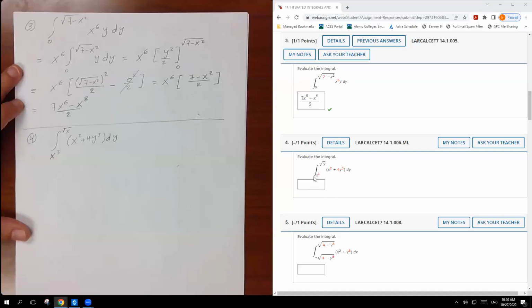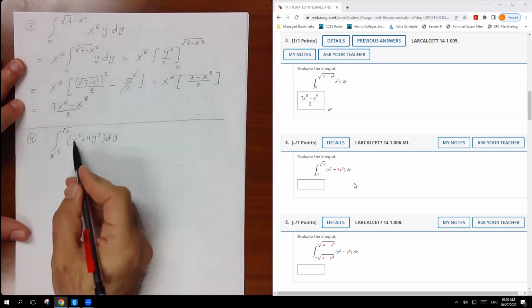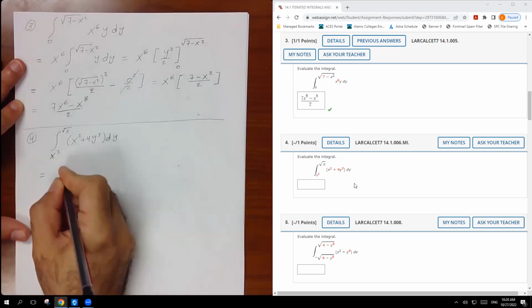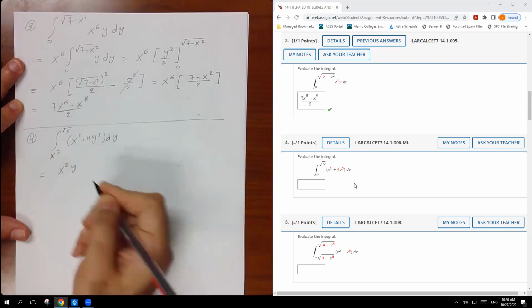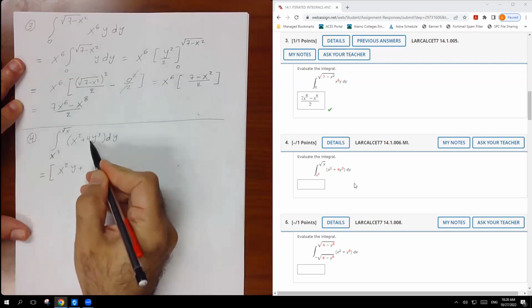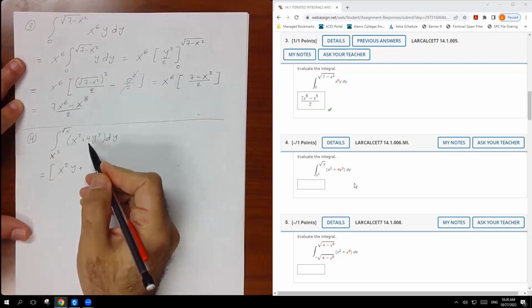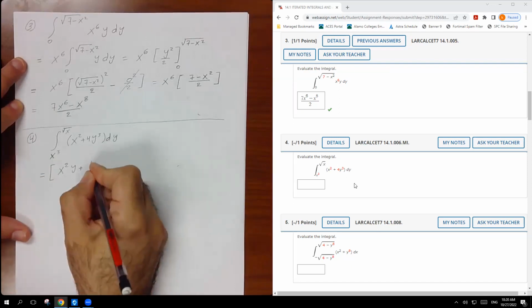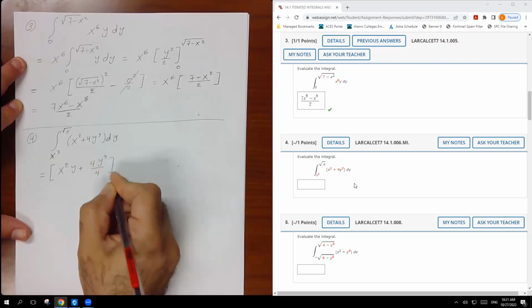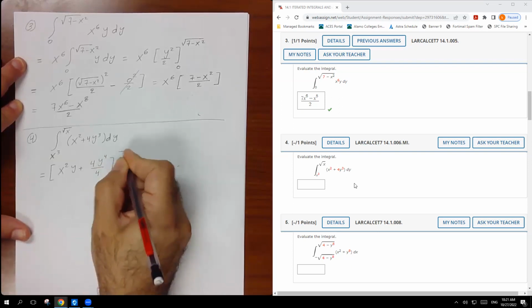So example 4, the integral from x cubed to square root of x of x squared plus 4y cubed dy. So we're going to do the integral with respect to y. So x squared is a constant. To do the integral here, I'm just going to say it's x squared y plus 4 y to the power 4 divided by 4, from x cubed to square root of x.